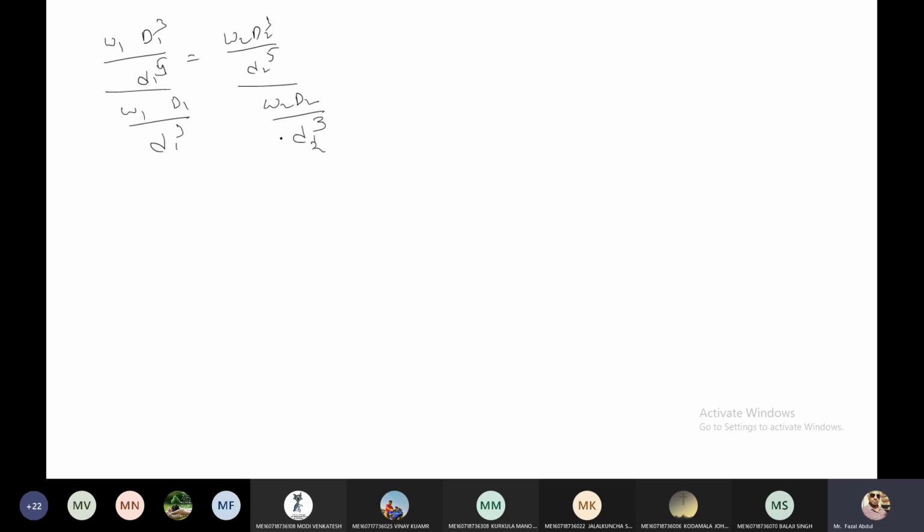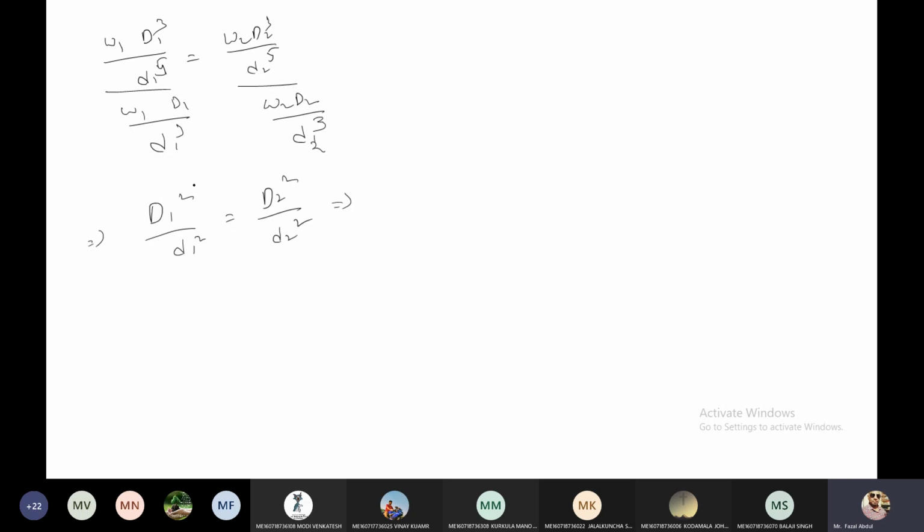After simplifying, we get D1 square by D1 square equals D2 square by D2 square.